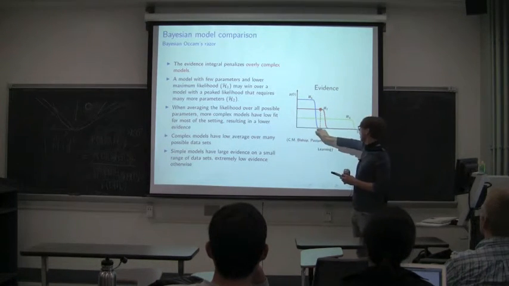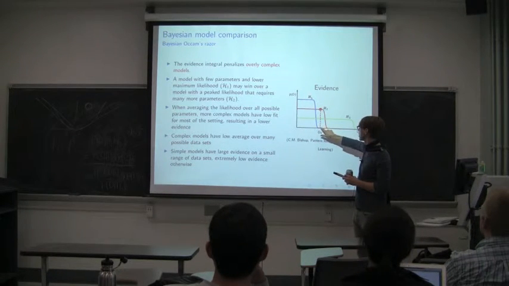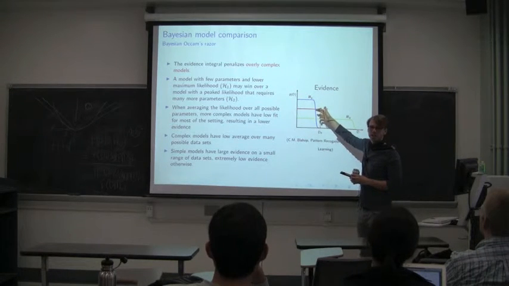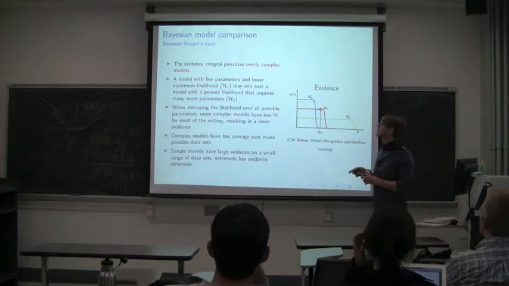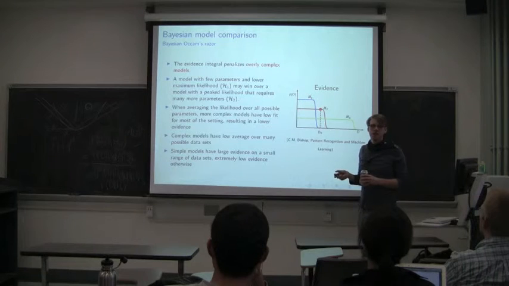And say we observe a particular data set, then this means that we want the lowest complexity model that still explains our data set very well. And that is what people denote as Bayesian Occam's razor.